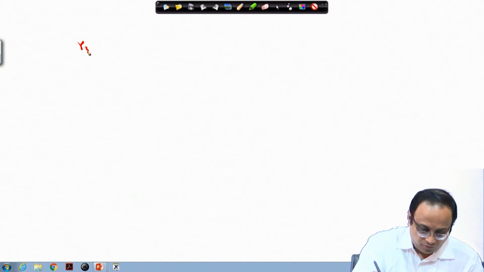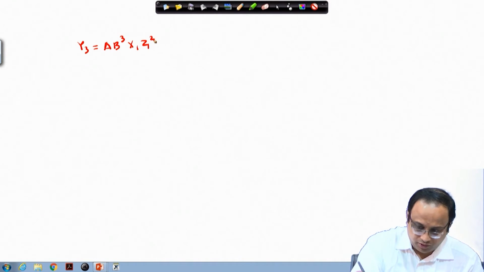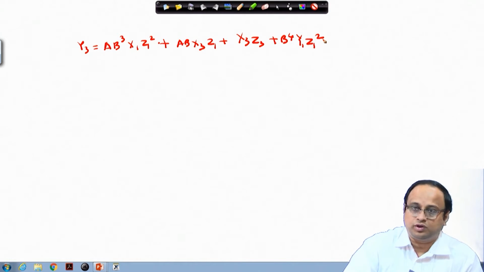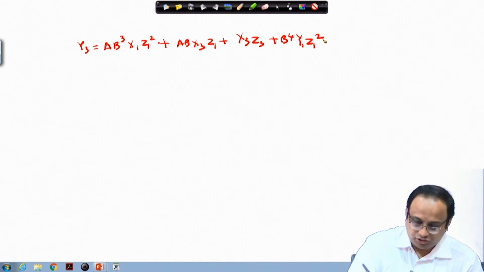So we have got y3 is equal to a b cube x1 z1 square plus a b x3 z1 plus x3 z3 plus b to the power of 4 y1 z1 square, okay. So now we will make a few substitutions.